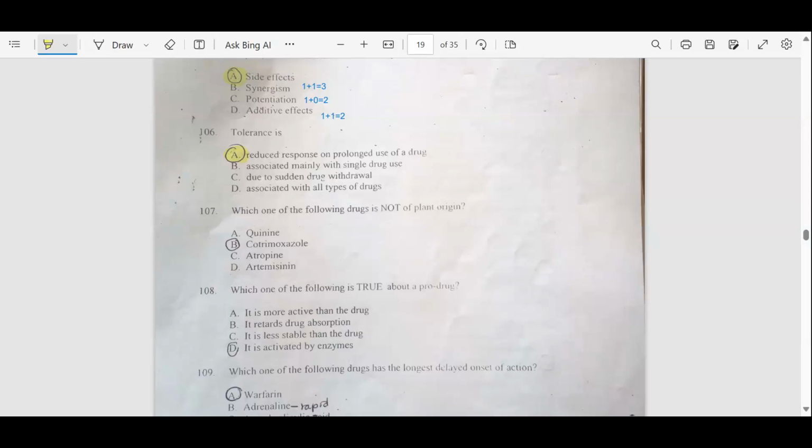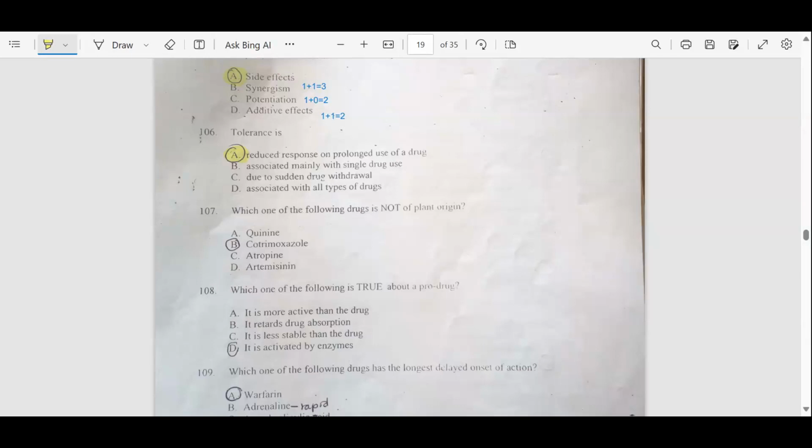Tolerance is long term desensitization, and tachyphylaxis is acute.